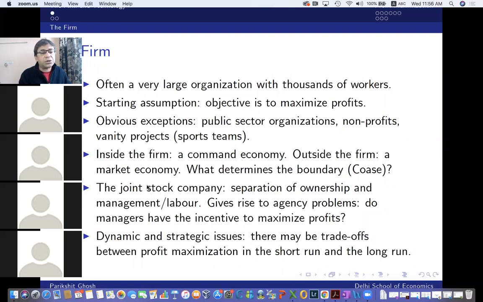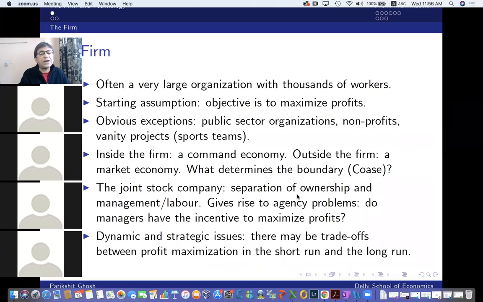Another important issue, which is extremely relevant for modern day capitalist societies, is the following. There's a separation of ownership and management. If you go back to the early days, when modern industrial economies were taking off in Britain and then in other countries, the firm was a much smaller entity.